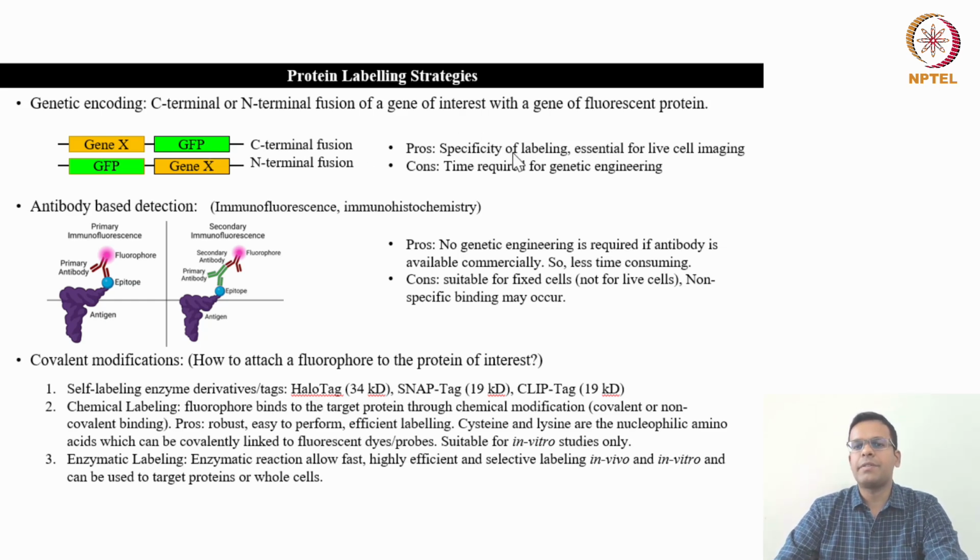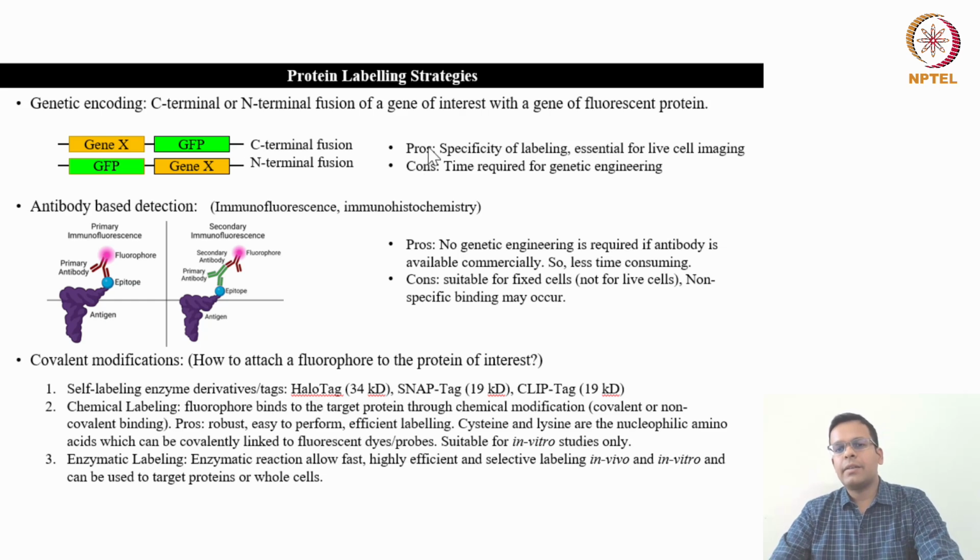It is known as the specificity of labeling. The second thing is it is essential for live cell imaging. If you want to plan an experiment in live cells, not in fixed cells, then you have to go for this option. If you want to study some protein dynamics, you have to tag your protein with a fluorescent protein.